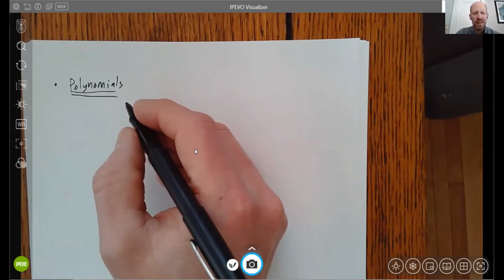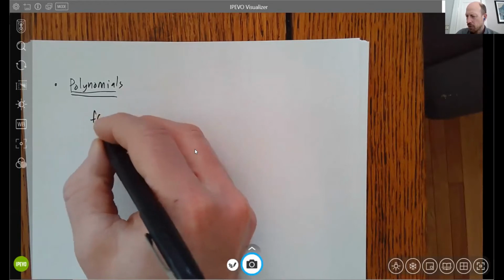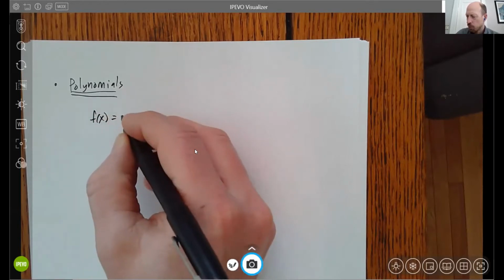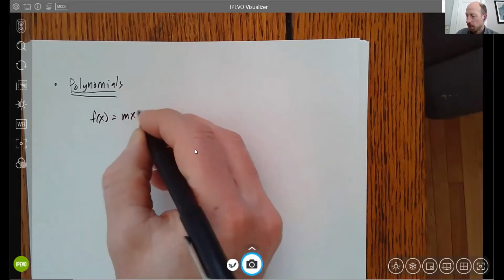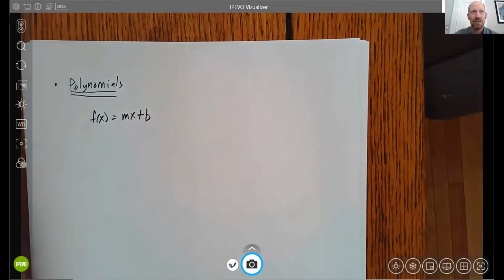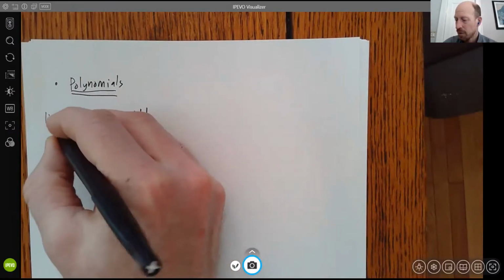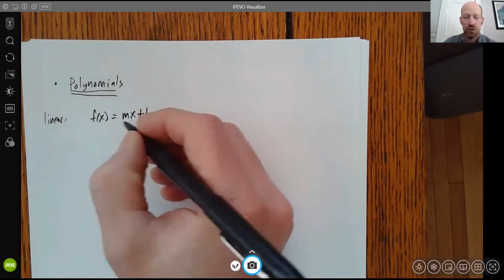So we know a little bit about polynomials. We actually know quite a bit about certain kinds of polynomials. We know a lot about this. This is a line for us, but it's also a polynomial. It's a linear polynomial. It's degree 1, right?